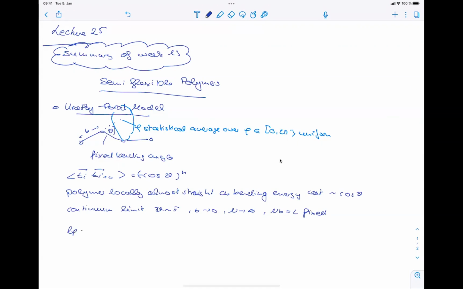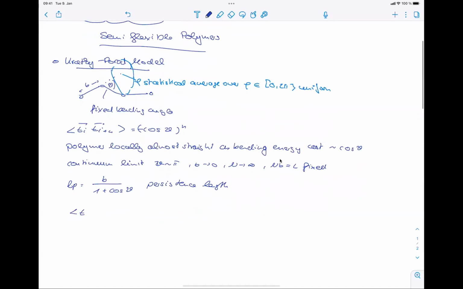And this defines the persistence length, which is the intrinsic length scale of semi-flexible polymers. And in this framework now, the tangent-tangent correlation can be written as an exponentially decaying correlation with characteristic length scale given by the persistence length.